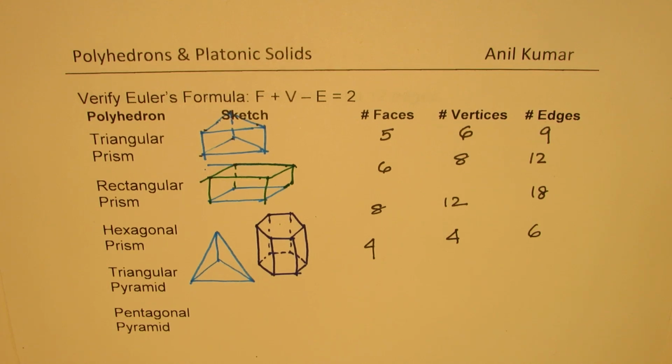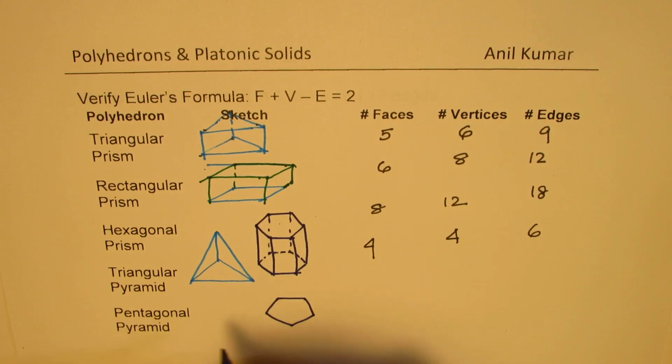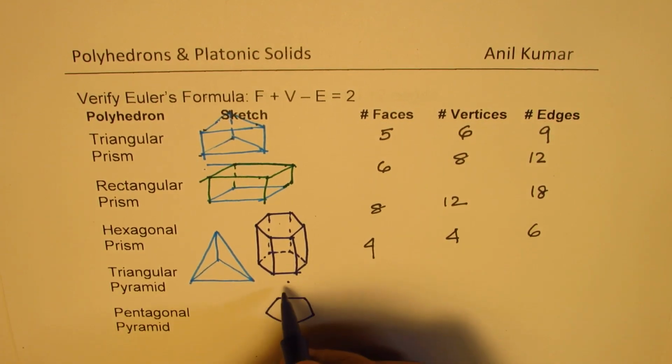Now the last one here is the pentagonal pyramid. So we have to sketch a pentagon. A pentagon will have 5 sides, so let's say 1, 2, 3, 4, and 5. And pyramid means there'll be only one point on the top, and that gets connected with all of them.